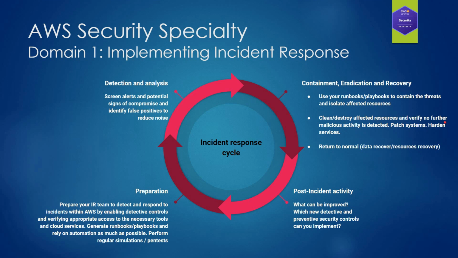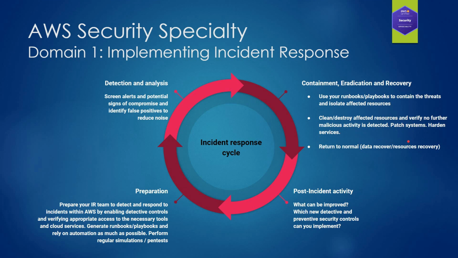And finally, we are going to be focusing on trying to return to normal. So anything around recovering the data that was affected, or even recovering the resources that we needed to destroy, so the operations or the different users of our accounts are able to keep working as normal.